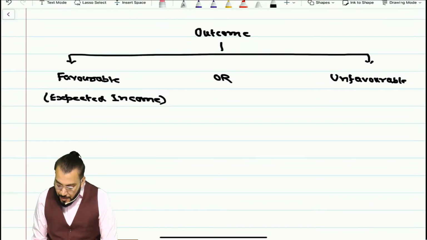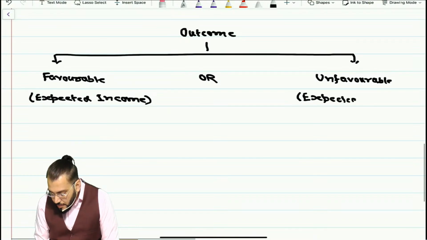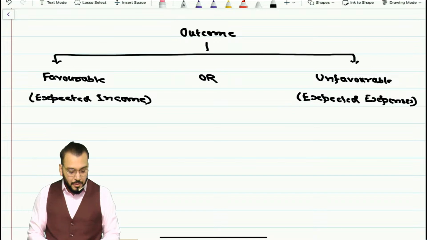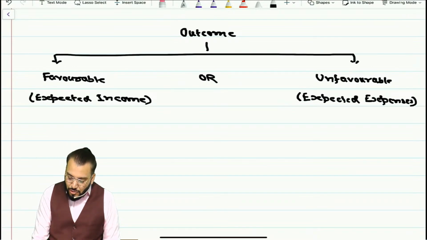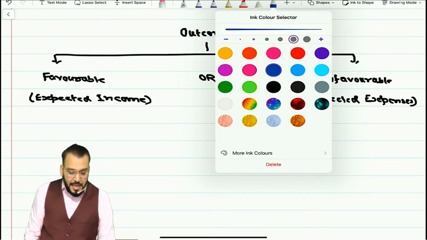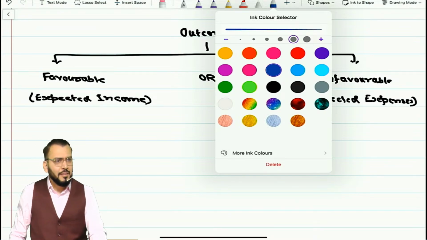And when I am saying unfavorable, unfavorable means expected expenses. Correct? Now you all know that based on the conservatism principle, we don't recognize what? Expected income.